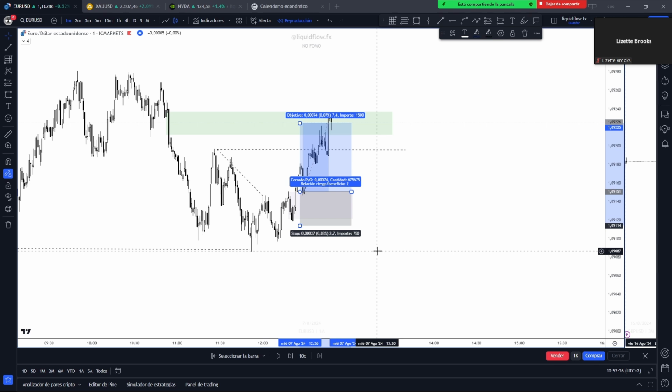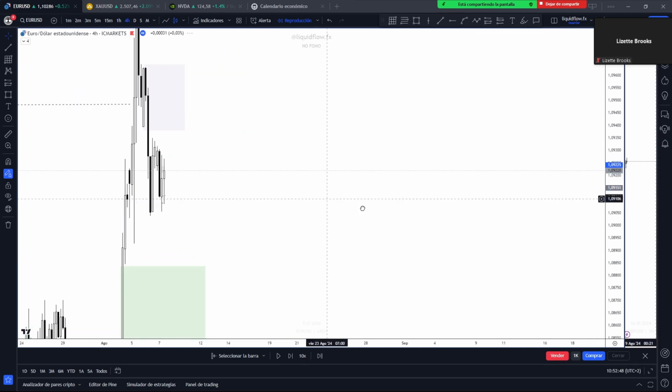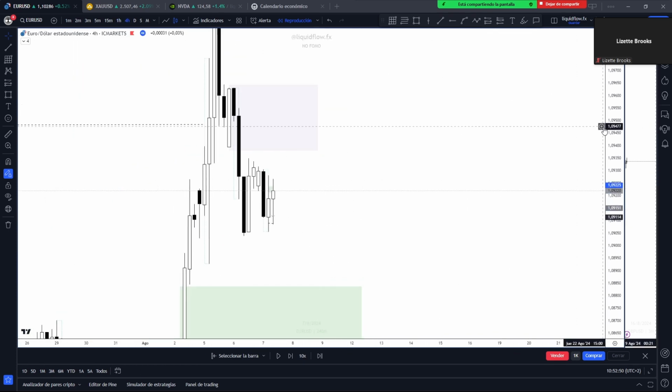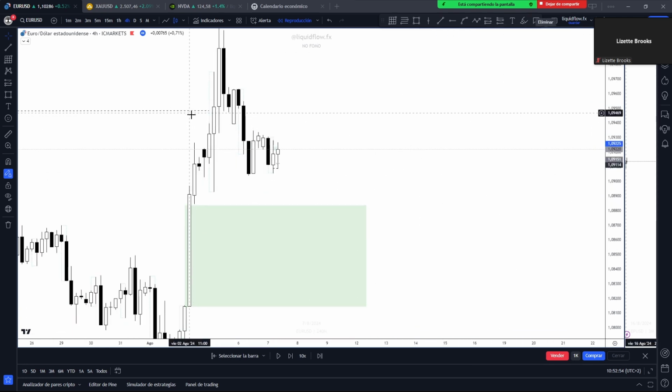Because if not, you start to think if this is good, if it's another probability. What does my strategy say? My strategy says, okay, if I am on 4 hours, the high time frame, I need to go from external to internal because I reached already.